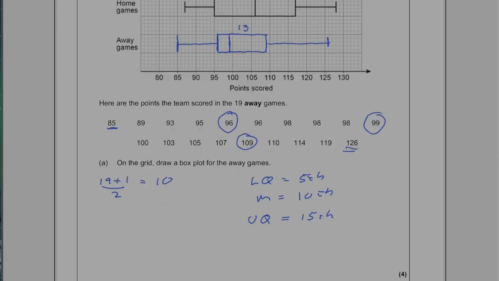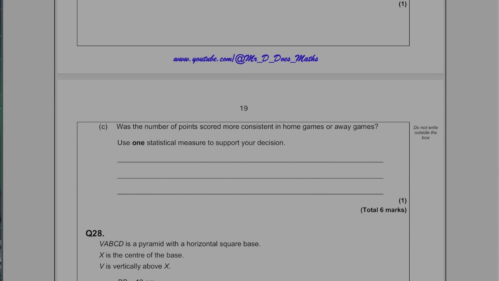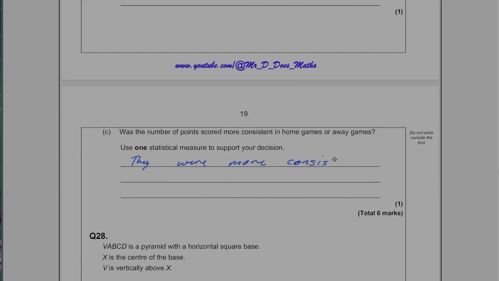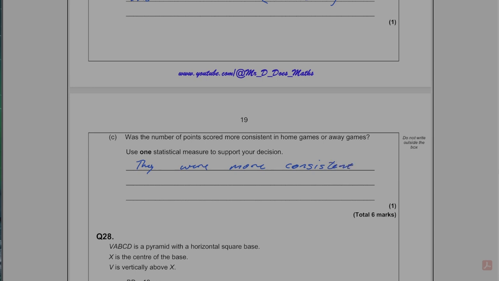So they were more consistent at the away games, using the interquartile range.